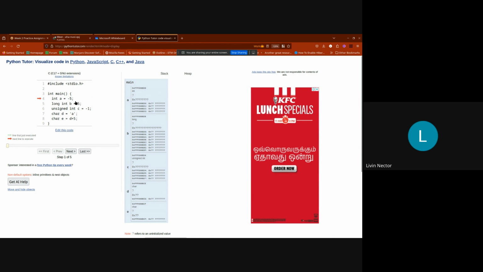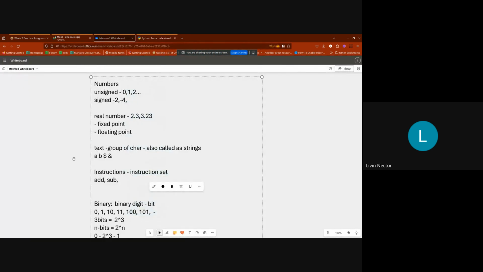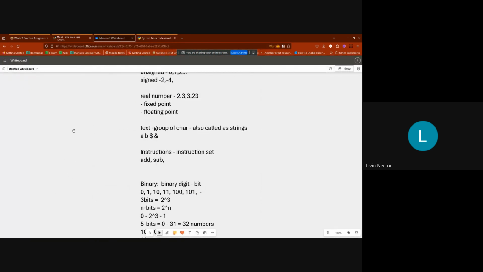Integers will usually use 4 bytes of data. 1 byte is 8 bits, so 4 bytes is 4 into 8 bits, which is 32 bits.